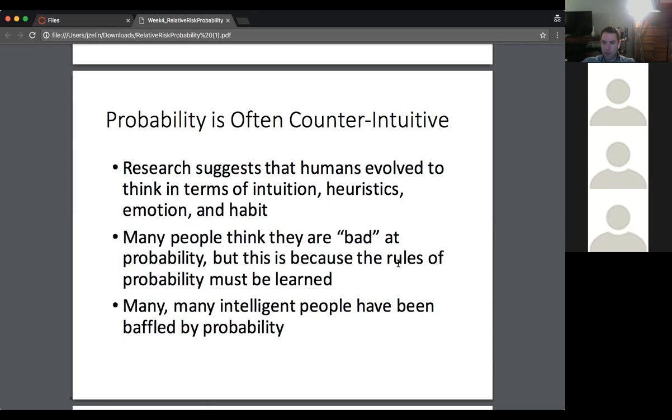Past events don't affect future events in this case. So that screen there is deliberately designed to mislead you into thinking that somehow the past outcomes will affect future outcomes. And that's a counterintuitive notion because that's actually false. So just understand that, within this concept of probability, things can be tricky or not be exactly as they seem.